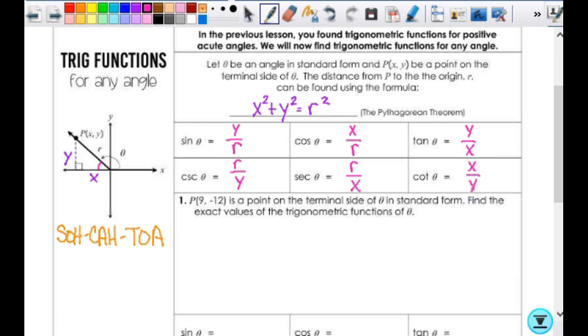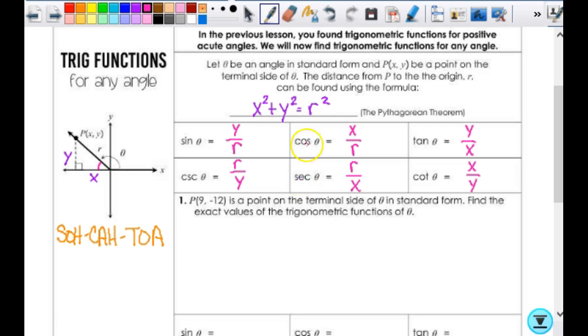So in geometry, we talk about sine, cosine, and tangent. Once you have these three down, you've got the next three because they're just the reciprocals. So tangent and cotangent are the only two where the reciprocals have the same name. Sine and cosine are not reciprocals of each other. Sine is the reciprocal of cosecant, and cosine is the reciprocal of secant.